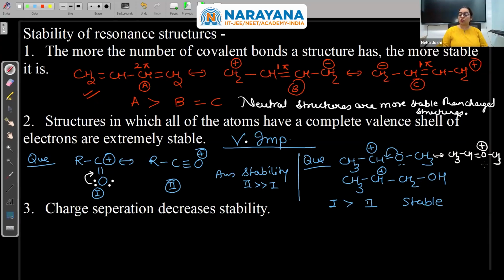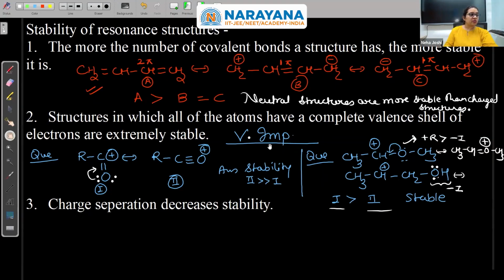Yes, you are seeing an electronegative oxygen with a plus charge, but when the octets are complete, such positive charges are welcomed, are allowed. Whereas here, I can certainly not use this charge to stabilize my plus. 2 sigma distance is there, so this cannot have resonance. This is having only minus I of OH. Whereas here oxygen is giving certainly minus I but giving plus R also. So this is more stable. 1 is more stable than 2.